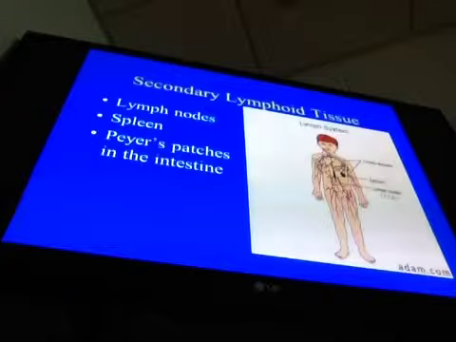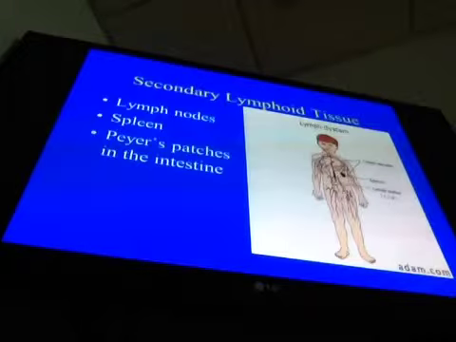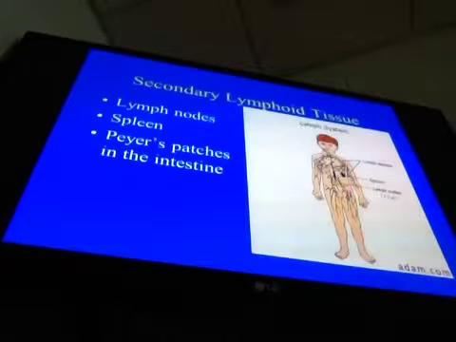The secondary lymphoid tissue, where the storage of these mature cells occurs, is primarily in our lymph nodes, in our spleen, and the Peyer's patches in the intestine. So our intestine truly is a part of our lymph system, which we're finding more and more interesting almost on a weekly basis now.